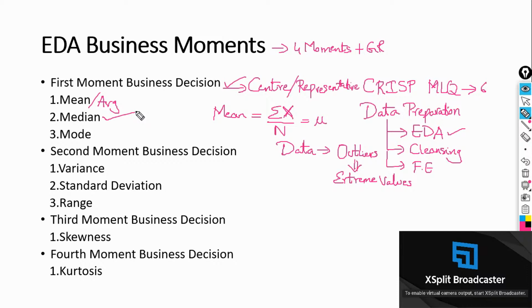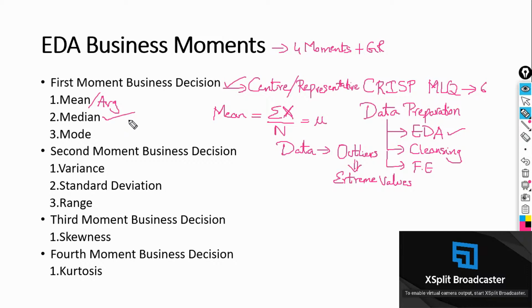What is the formula for median, or how is median calculated? Median is the middlemost value, the center value of observations, the middle value when arranged in order.